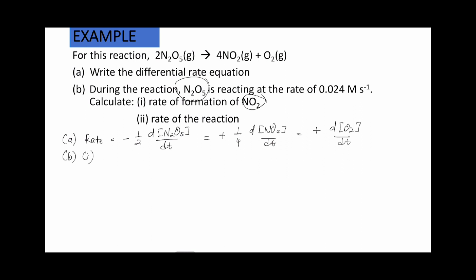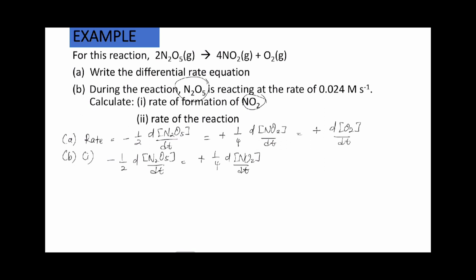So we have to write the relationship between the two species. The relationship is minus 1 over 2 d N2O5 over dt is equal to positive 1 over 4 d NO2 over dt, the rate of NO2.